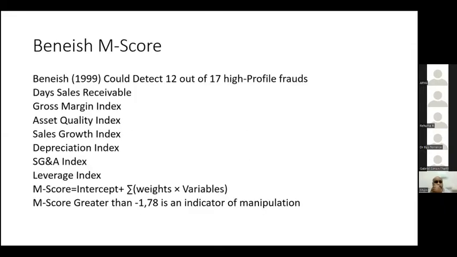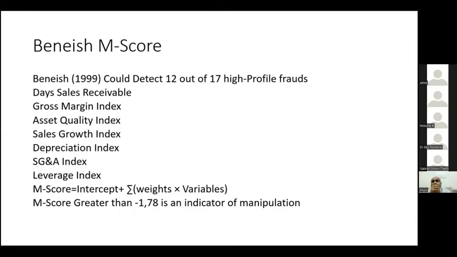Now, first I'll talk about the Beneish M-score. Beneish, in 1999, developed a series of accounting ratios, and he found that out of 17 high-profile frauds, his ratios could detect almost 12 companies.